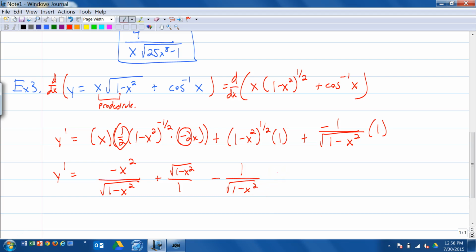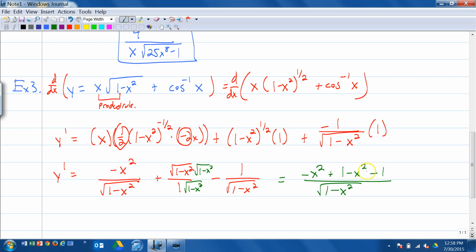So we can actually combine these now by getting a common denominator. And the way to do that is multiply the top and bottom here by the root of 1 minus x squared. So now we have a common denominator. So the tops we have to just add and subtract. So I get a negative x squared plus a 1 minus x squared minus 1 all over the square root of 1 minus x squared.